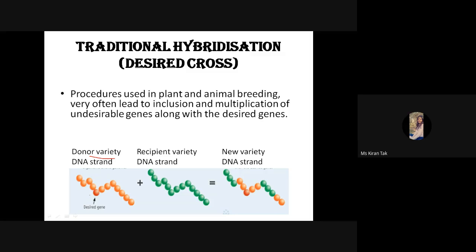It has the desired gene, this is the desired gene, and this is the recipient variety of the DNA strand. So when a cross is done between these two, the new variety of the DNA strand will form. But in this case, with the desired gene, undesired genes are also present. Okay, and sometimes we don't even get the desired gene.